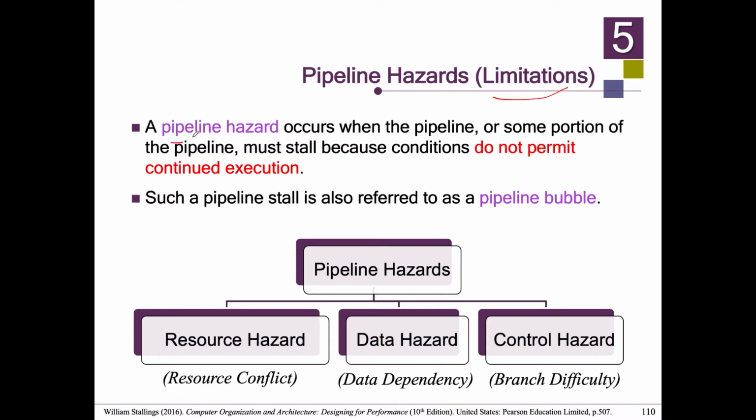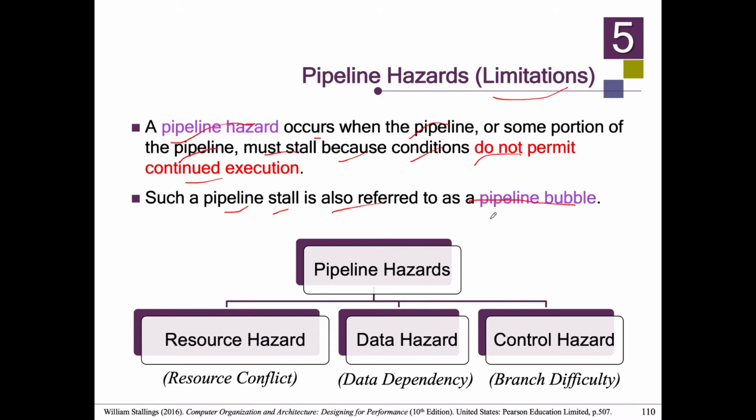So a pipeline hazard occurs when the pipeline, or some portion of the pipeline, must stall because conditions do not permit continuous execution. A pipeline stall is also referred to as a pipeline bubble.